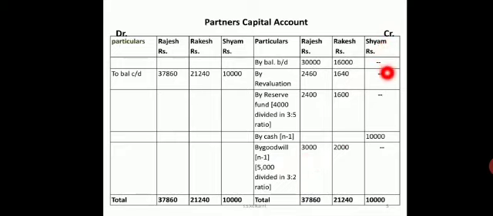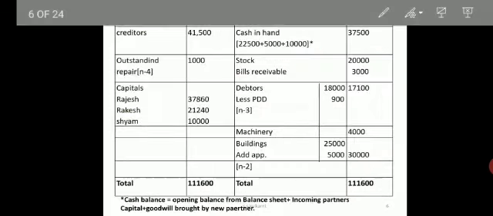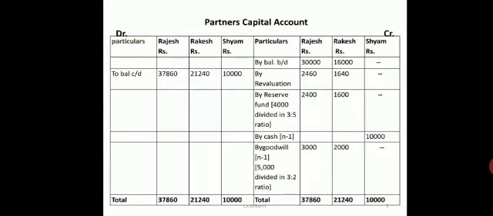Now total the partners' capital accounts on the credit side. So you'll have Sham, he was getting 10,000. Then you are having total of Rakesh is 21,240 and total of Rajesh is 37,860.